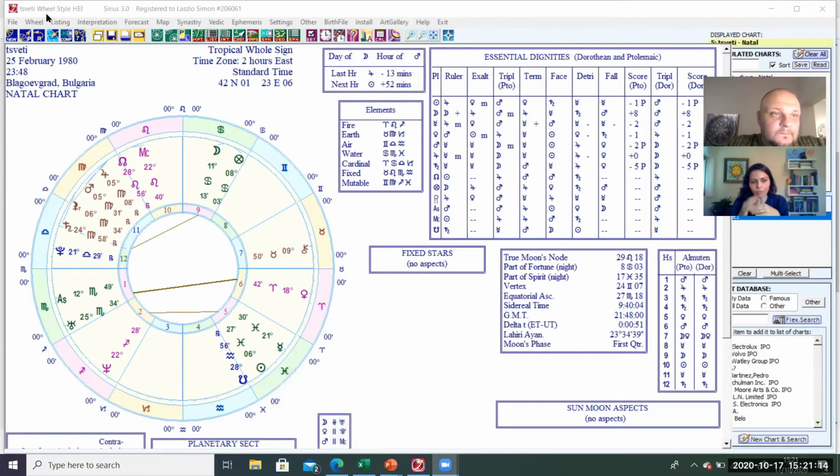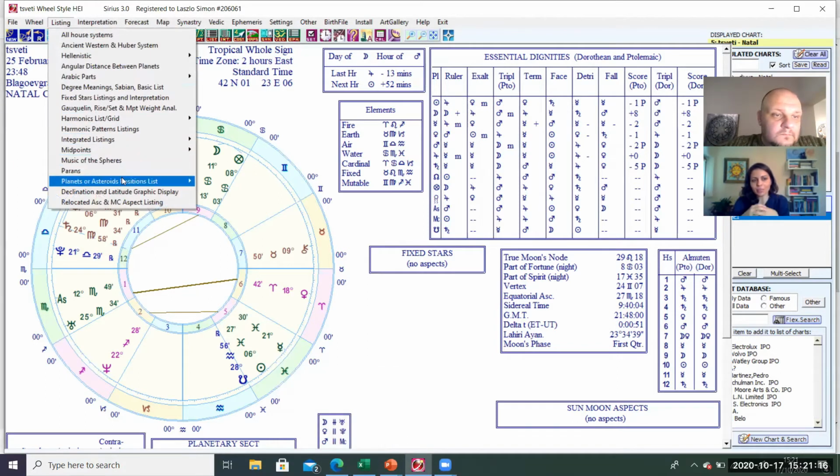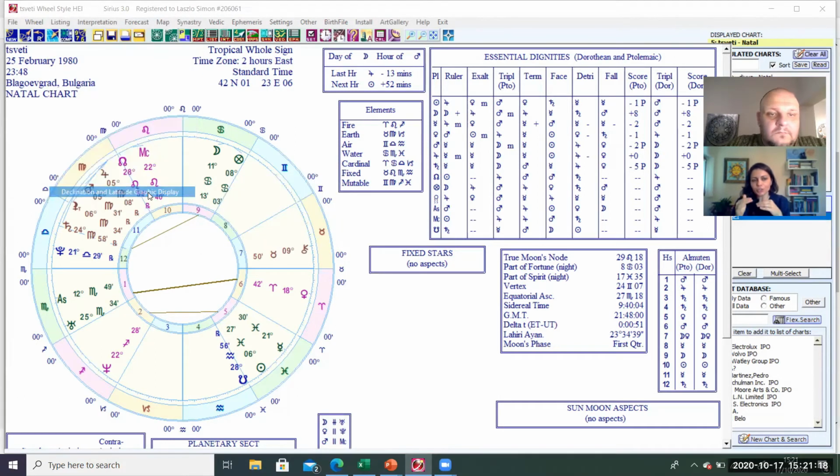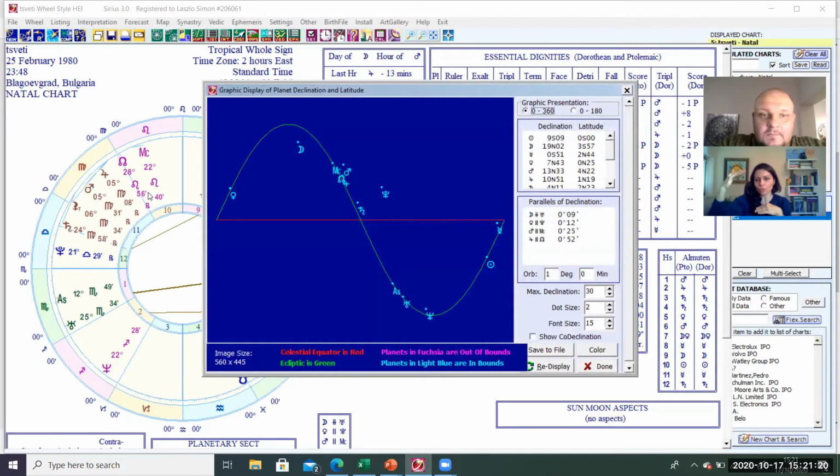When we look at the declination, a planet can be at a certain degree on the south or on the north part of the celestial equator. So when the declination degrees are the same, no matter whether south or north, they will form a parallel aspect between two planets. And when we have a planet at a certain degree on the south and at the same degree on the north of the celestial equator, then we have contra-parallel.